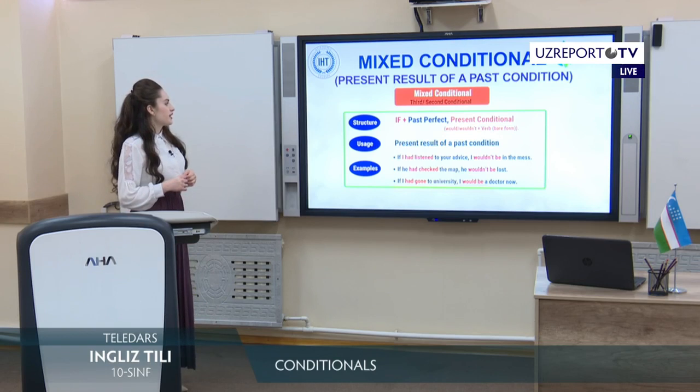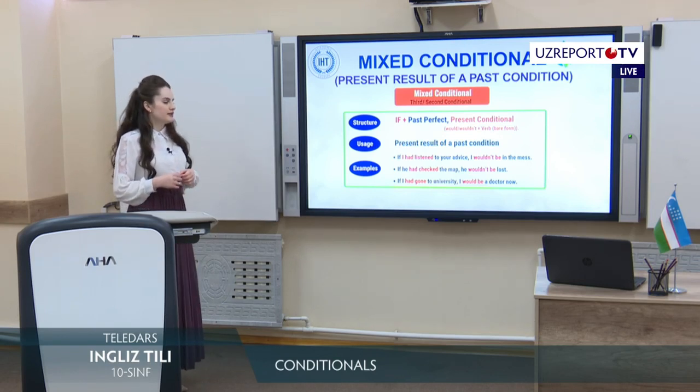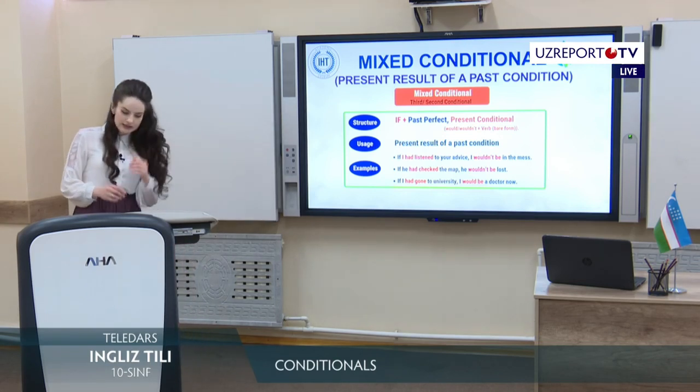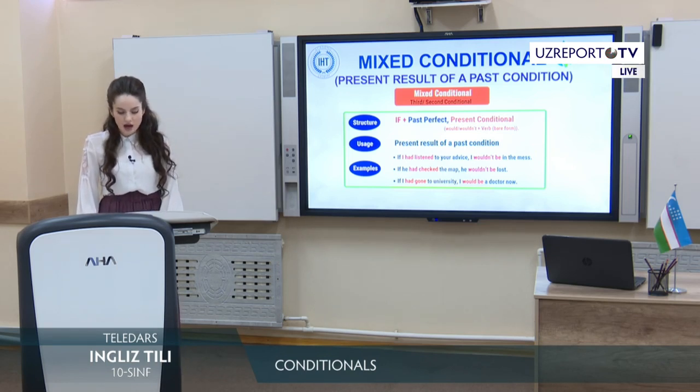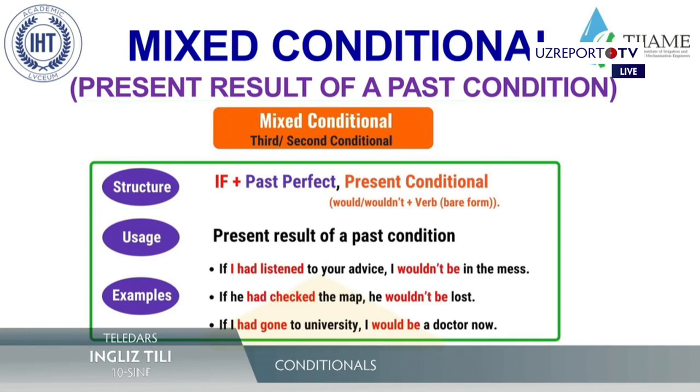Well, usage: present result of a past condition. Look at some examples. If I had listened to your advice, I wouldn't be in this mess. If in the past you did something, now you maybe could be in another situation.